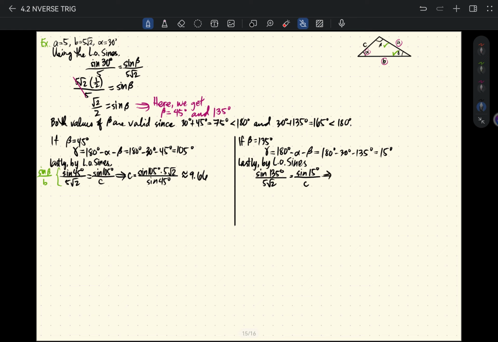So here you get c equals sine of 135 degrees times 5 square root of 2. Sorry, am I doing it right?